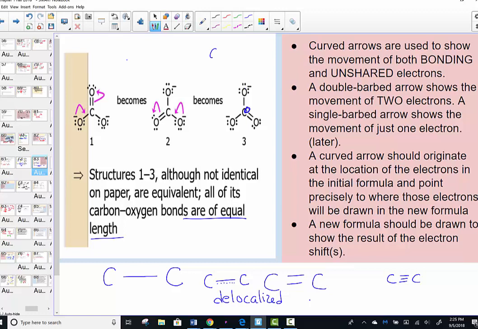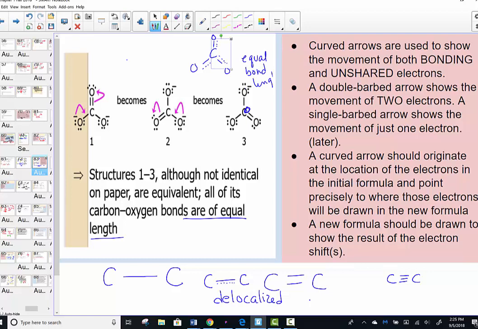Sometimes you see a resonance structure drawn to remind you that it's of equal length by using a dashed line instead of the solid line that you might see for a true covalent bond. Equal bond length tells us that it is delocalized.